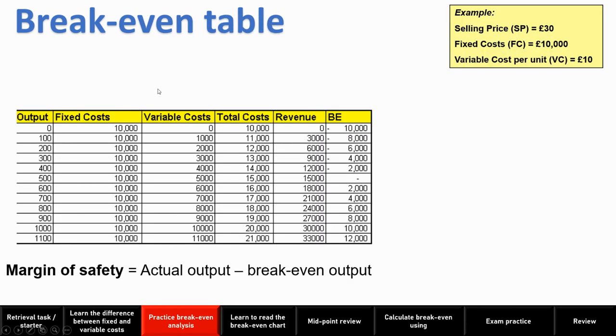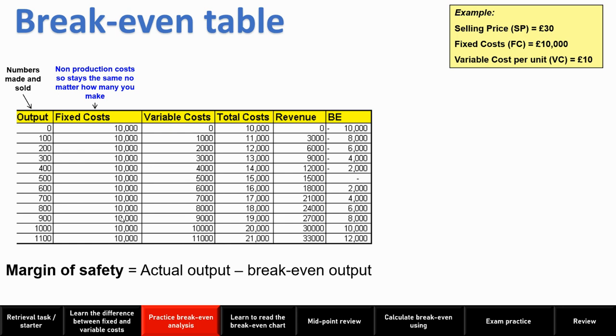All right? So what we can do is we can make this table. Every month, the business can make a maximum of 1,100 desks. No matter how many desks it makes, it has to pay £10,000 fixed costs for its gas and electricity, its office worker salaries, its stationery, its rent, and all the rest of it.